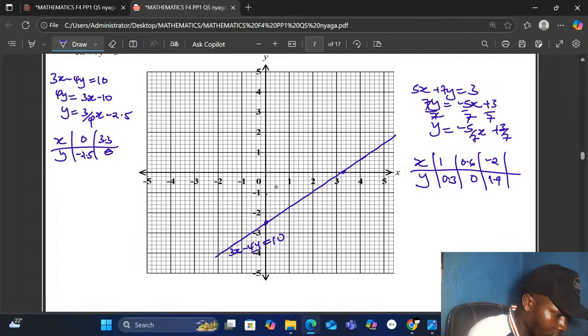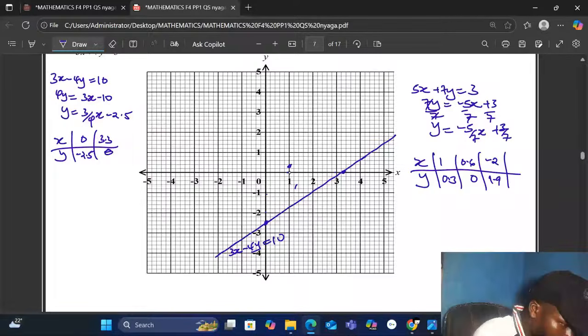So when x is 1, y is 0.3, somewhere here. Then we have 0.6, which is where y is 0.